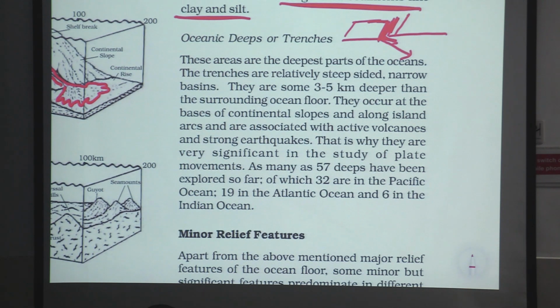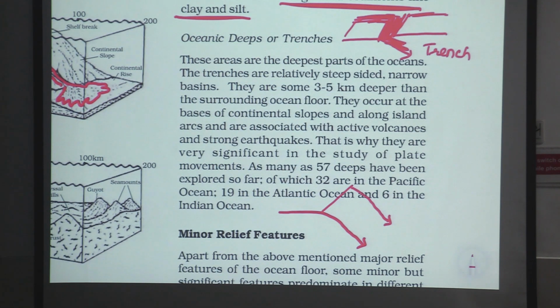So this all part, trench. So trench is what? Trench is a subduction zone, and if I take it 3-dimensional, it will be this.